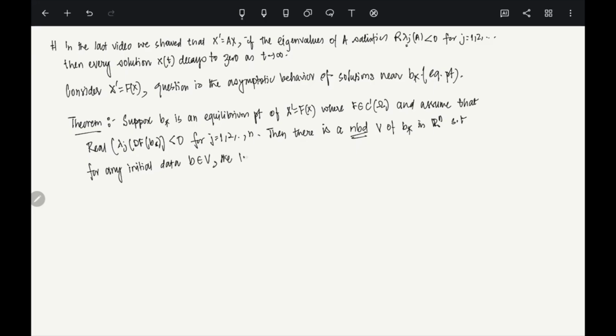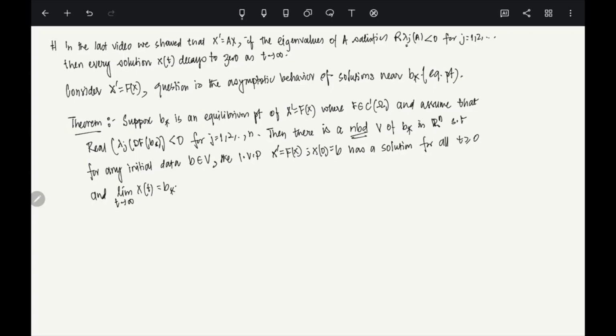The initial value problem, x prime equals f of x and x0 equals b, has a solution for all t greater than or equal to 0, and moreover limit as t tends to infinity of x of t is b star. Is it okay?